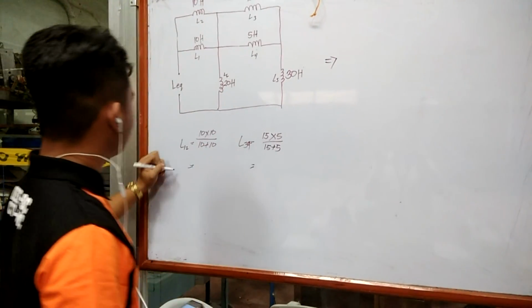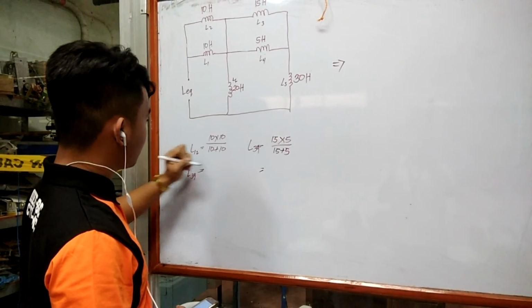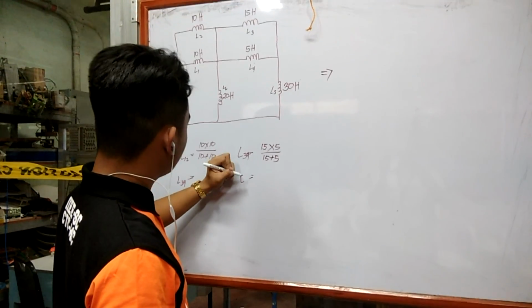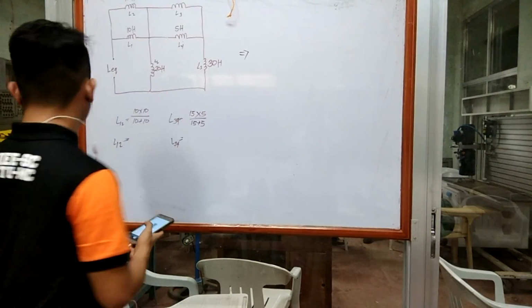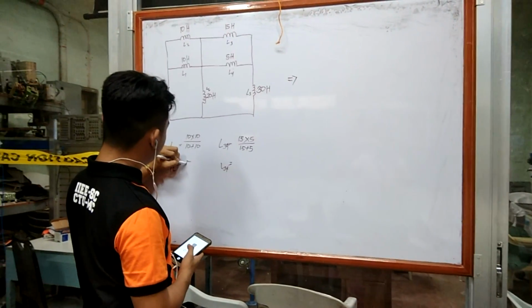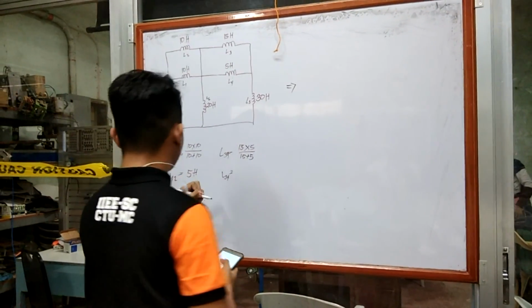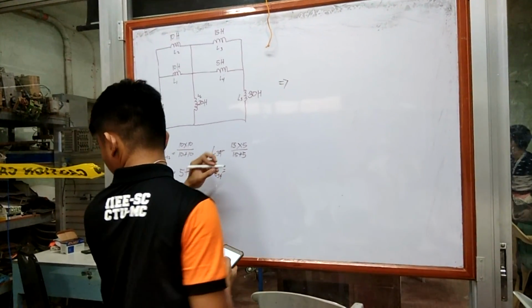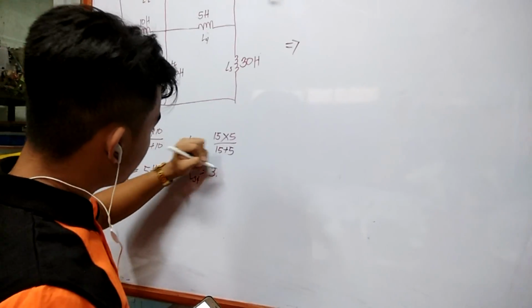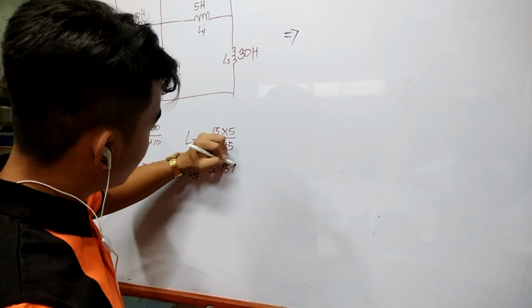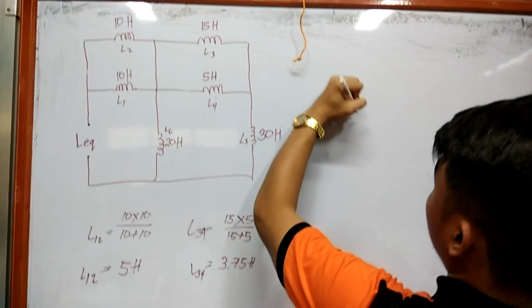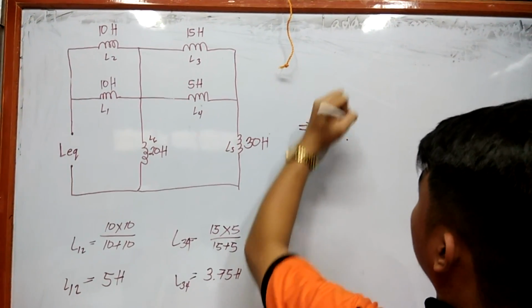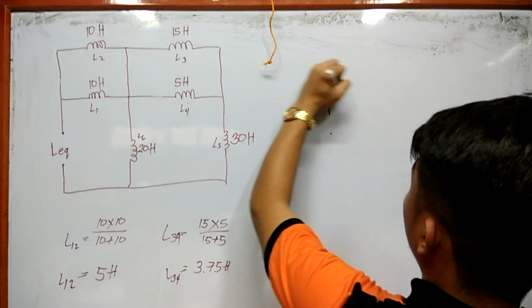So the answer here is 5 henries for L1,2, and L3,4 is 3.75 henries. So we will now have a new circuit like this.